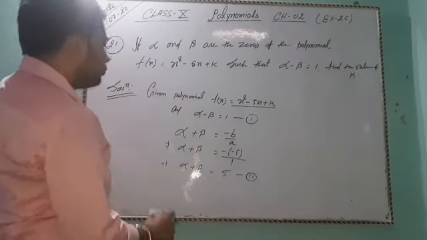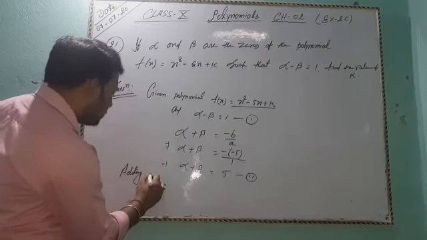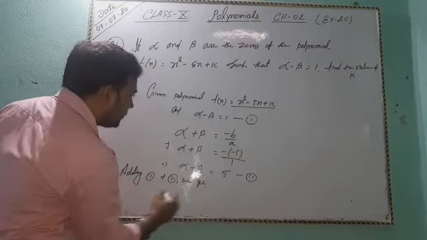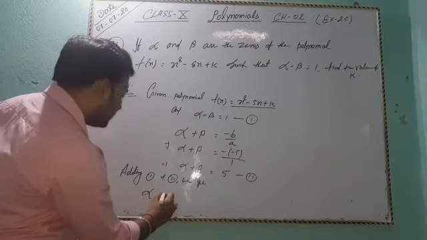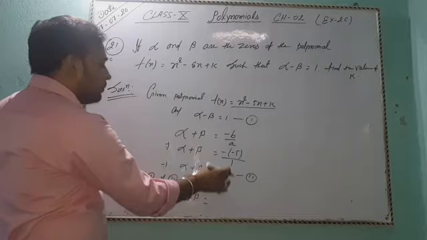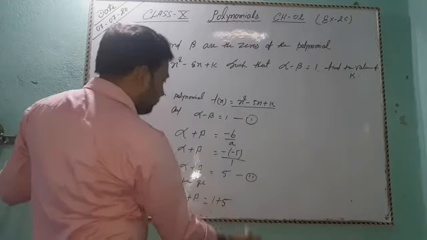So adding 1 and 2 we get alpha minus beta plus alpha plus beta equal to 1 plus 5, equal to 6.